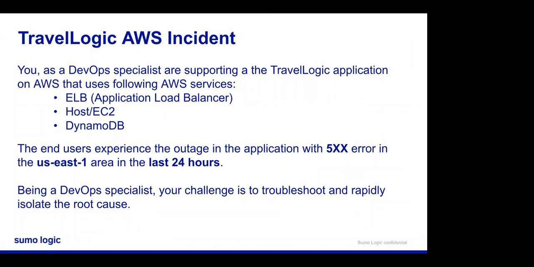Your focus is on ELB, the application load balancer, the elastic load balancer, host and EC2, and DynamoDB. And you're finding out that end users experience an outage in the application with a 5xx error in US East 1 in the last 24 hours. So being the DevOps specialist, your challenge is to figure out what the heck is going on here. That is what we're going to do first.